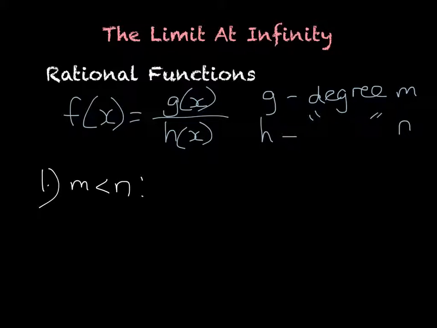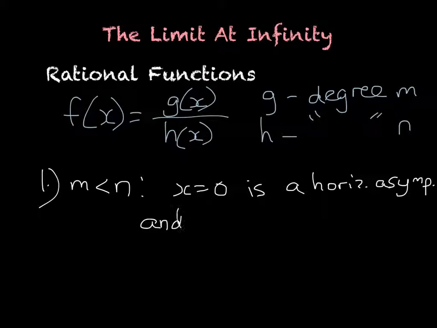In that case, we have that y equals 0 is a horizontal asymptote, and f of x approaches 0 as x approaches infinity and negative infinity.